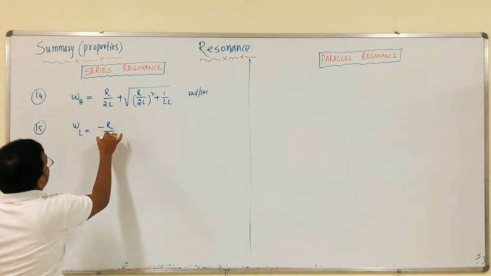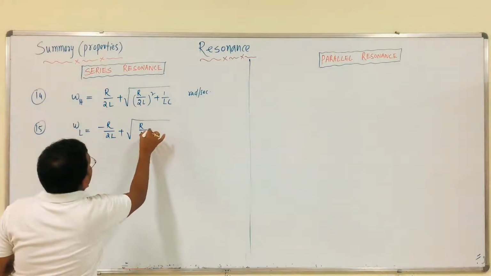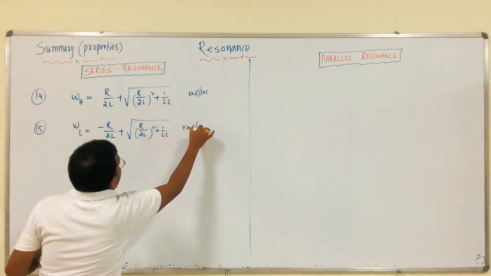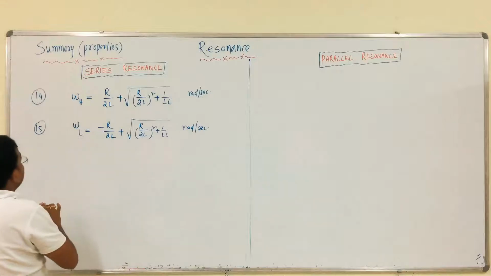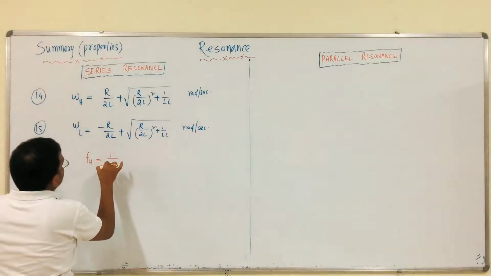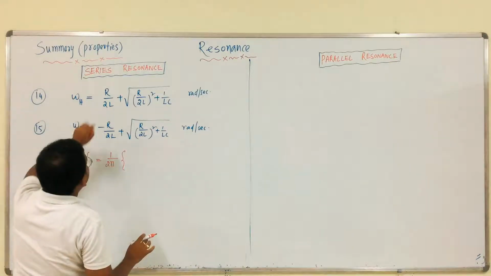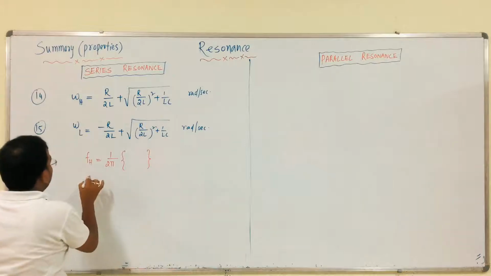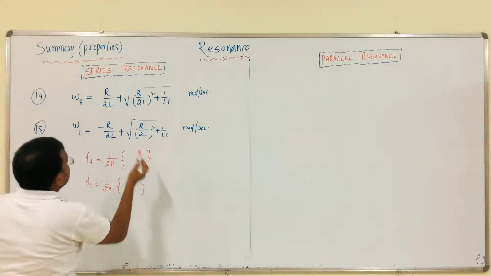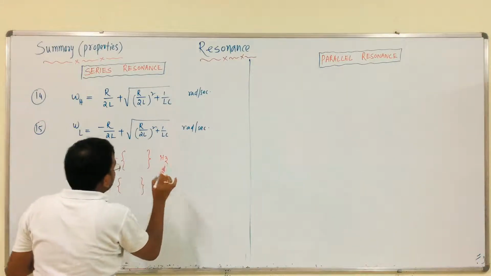Minus R by 2L plus square root of (R by 2L) whole square plus 1 by LC radians per second. For hertz, just 1 by 2 pi, like that. So like this you have to write.